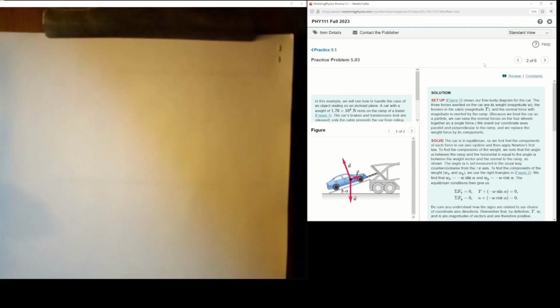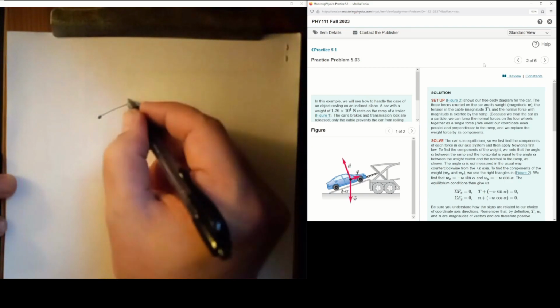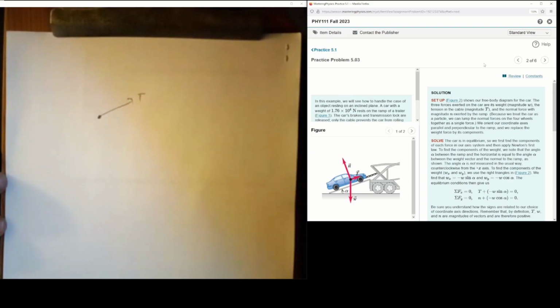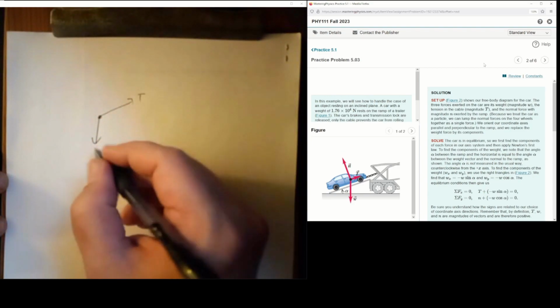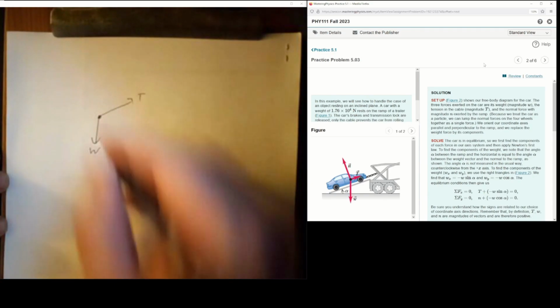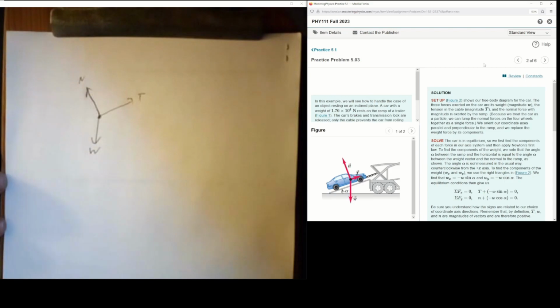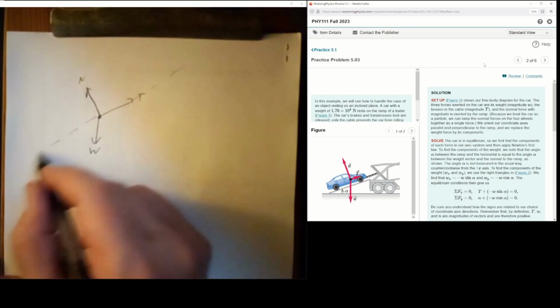So we got our car. Here's the car. It's that dot. And then there's tension going up the ramp. We got its weight coming straight down. And whenever you have contact with a surface, there's a normal force, always perpendicular with the surface, our surface being on an angle like this.